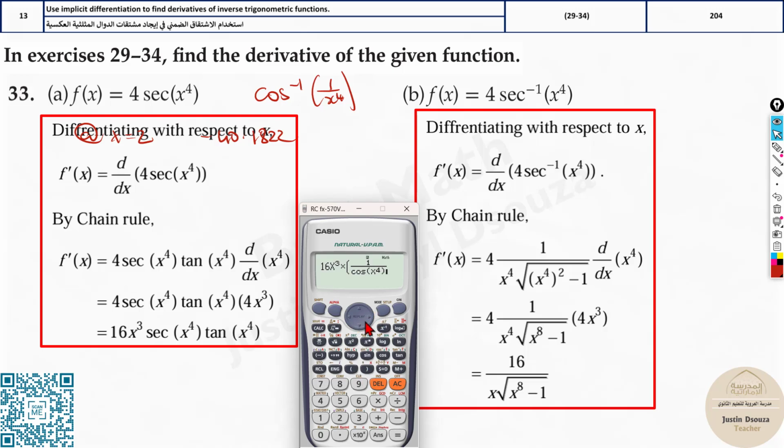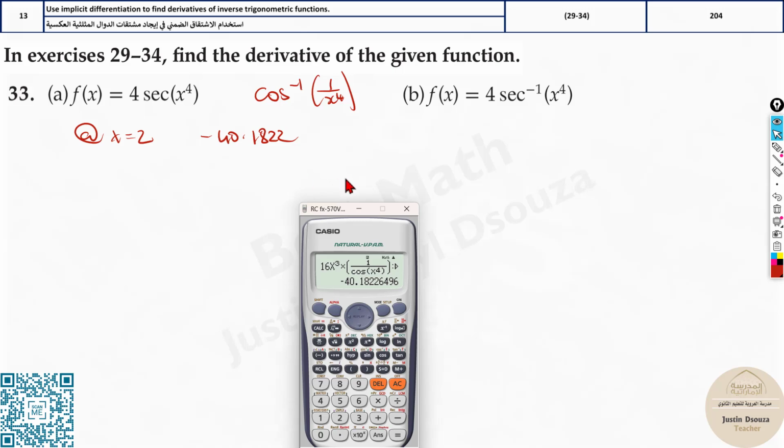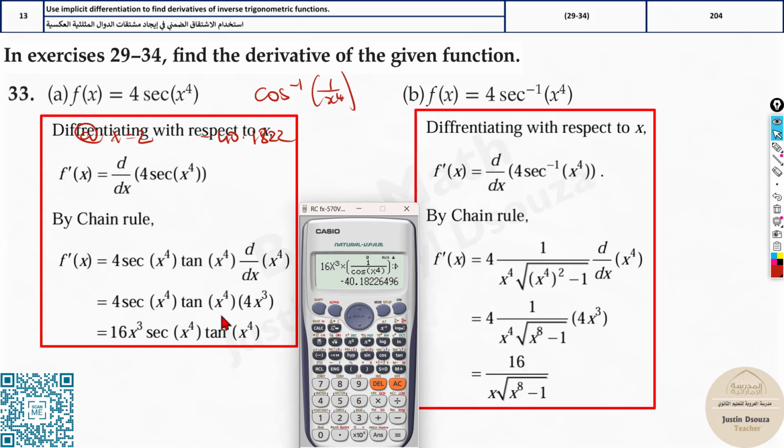Close the bracket. Even close the bracket here. Multiplied with tan x to the power 4. Sorry, it's power 4. And you just close the bracket properly here. And that's it. And calculate it at 2. It must be 40.1822. And that's the answer. Yes, absolutely. Only one will be the correct answer.